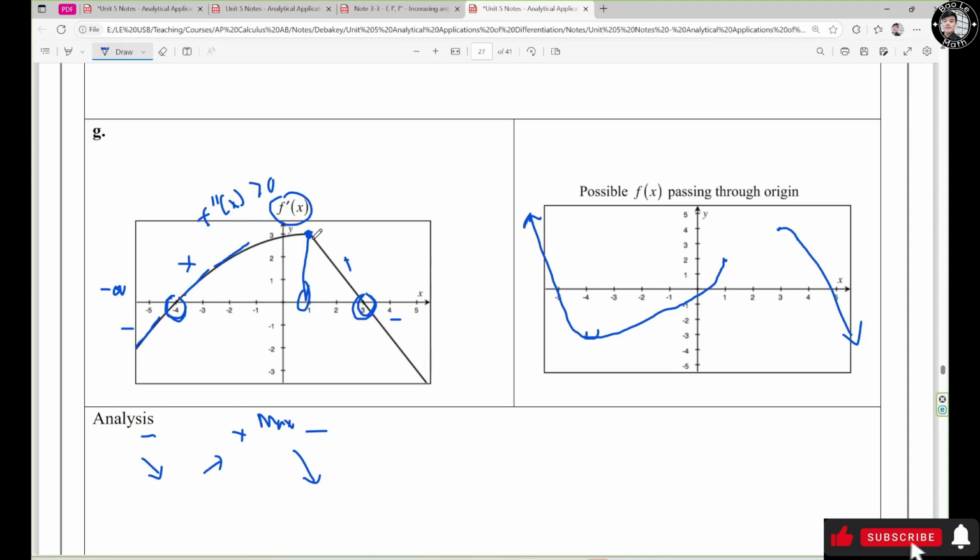And then from 1 all the way to positive infinity, the slope of the tangent line right here should be negative, right? So the function f of s should be concave downward, right? It could be something like this. The minimum value is right here. The maximum is here. The point of inflection is here.